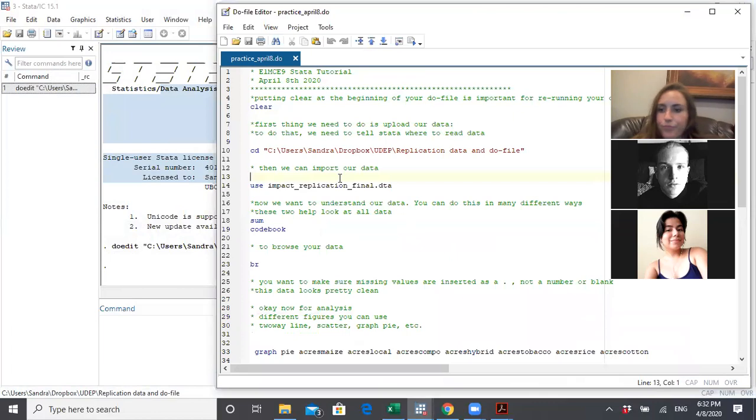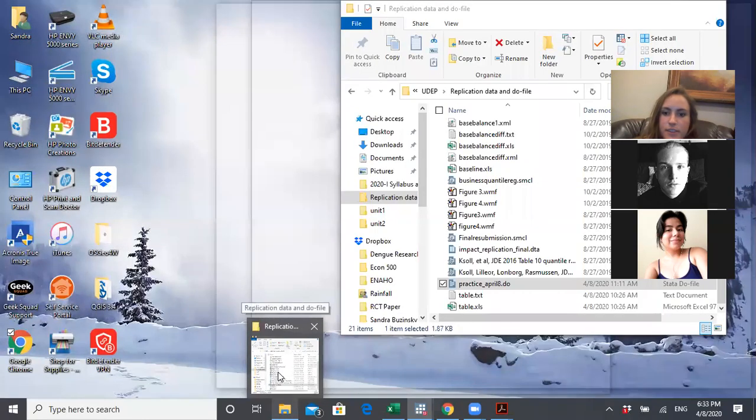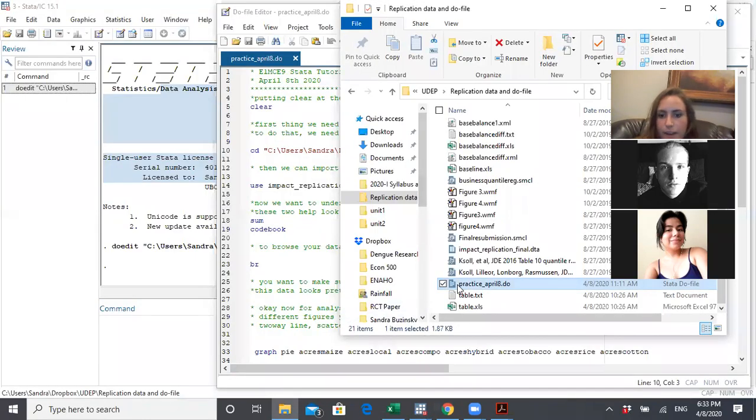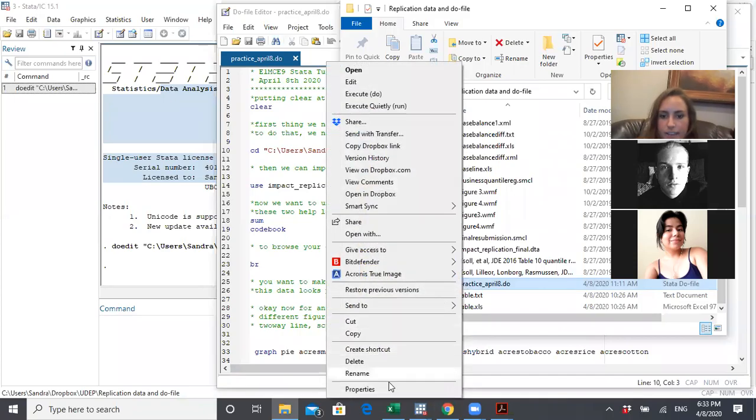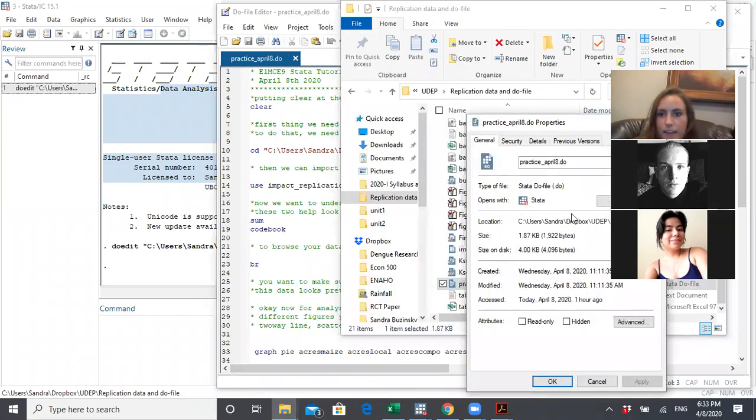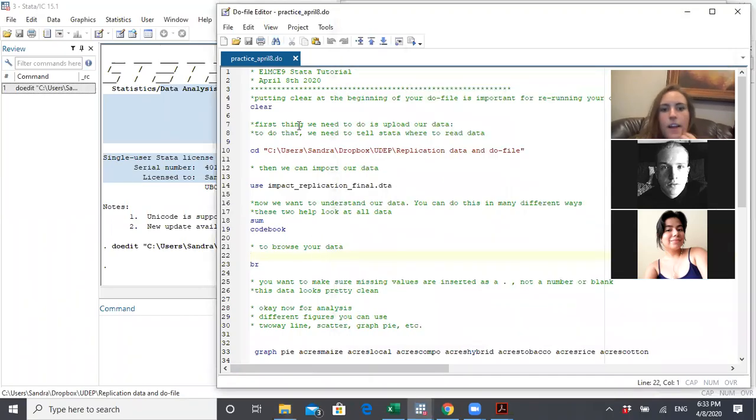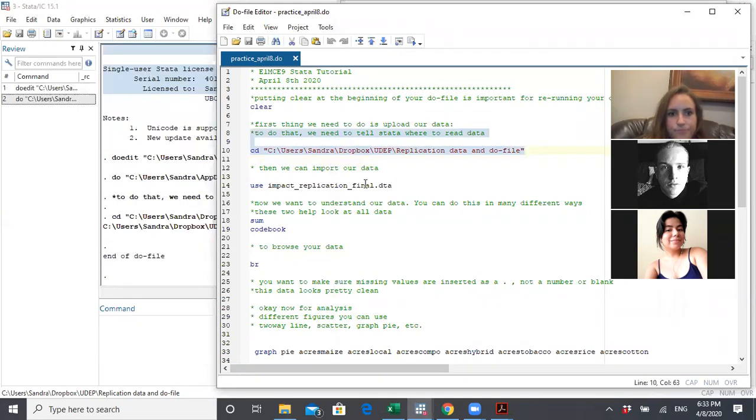Okay, so when I want Stata to read my data, it needs to know where it is. So I need to change destination, cd, and then wherever it is in your documents. You can find it by right-clicking and checking its properties, and it will tell you where it's located right here, location. So that's how you can check where your data is. So I'm just going to change my destination to make sure we'll be able to read where my data is.